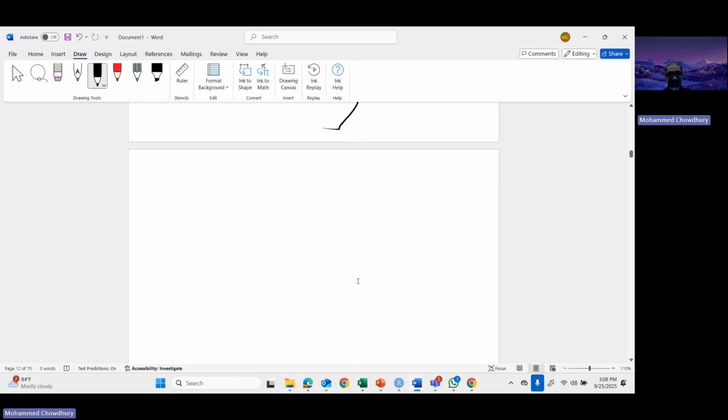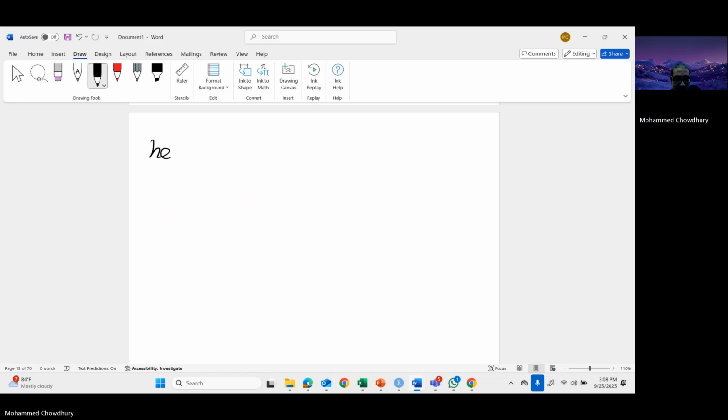If I want to give you a question, the first suit has the name heart, which is a symbol like this, and it is red.